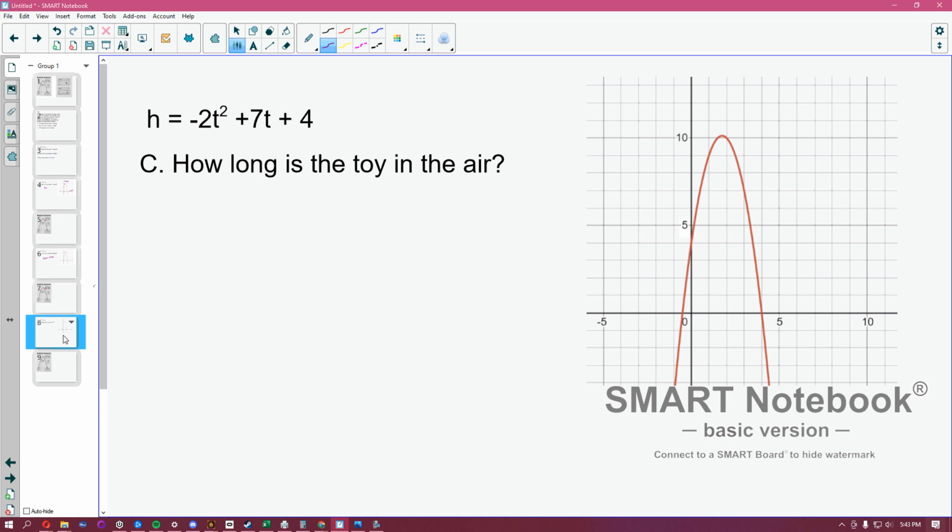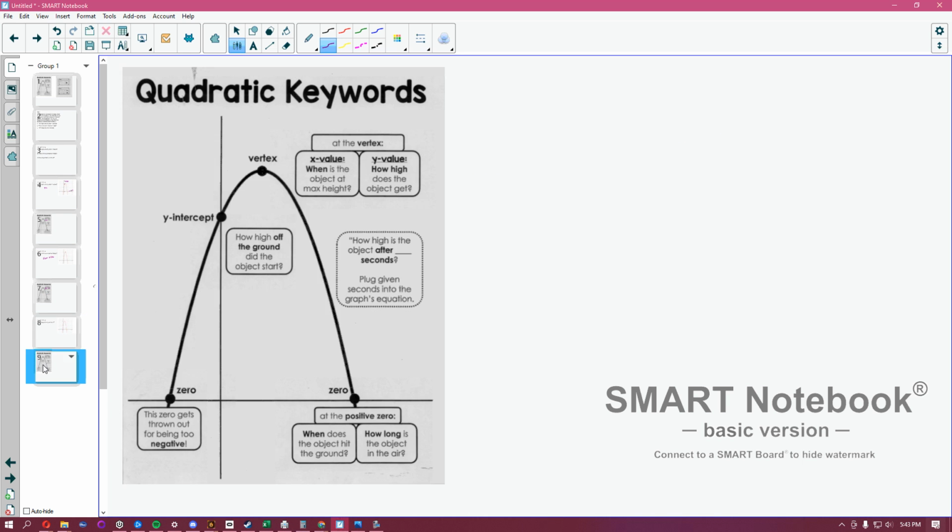The last question is how long the toy is in the air. So if we look at this graph again, when the toy hits the ground, it's no longer in the air. So when the toy hits the ground, the time that it hits the ground, or the x value when it hits the ground, is how long it was in the air.